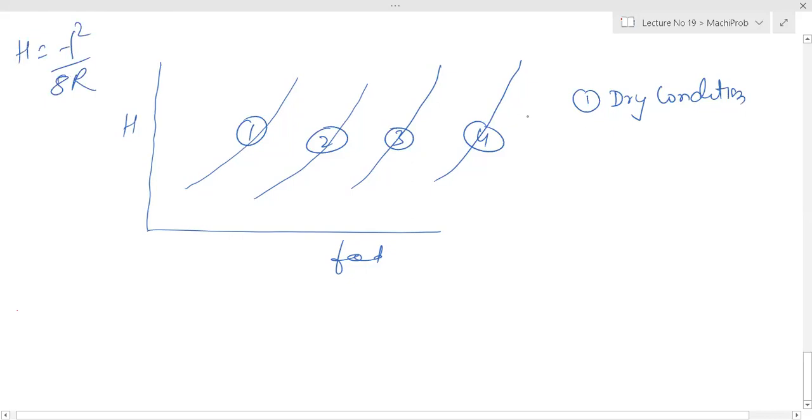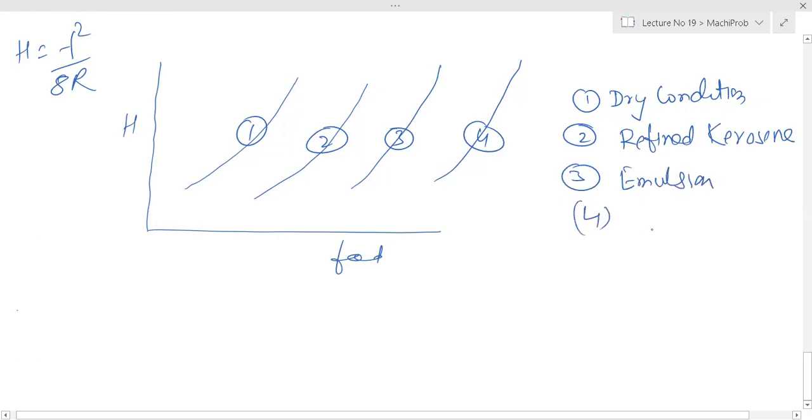Dry condition. Second, we are using refined kerosene. And third, we are using emulsion. Fourth, we are using activated kerosene. So the first one is dry condition.